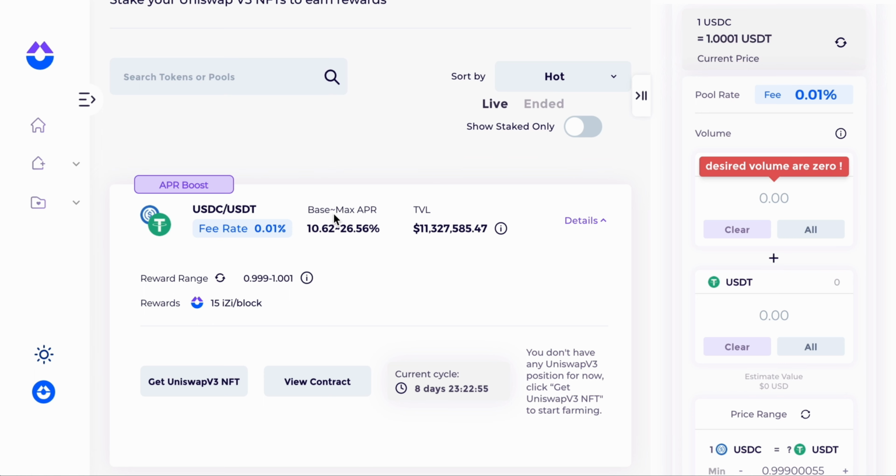The first is the trading fee on Uniswap V3, and the second is the liquidity reward on Izumi Finance. The APR is very high, 11% up to 27%. So if you provide liquidity on Uniswap V3, you can get a two-part income. It's very high.